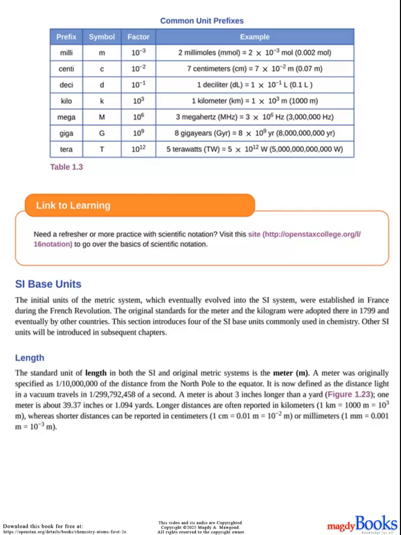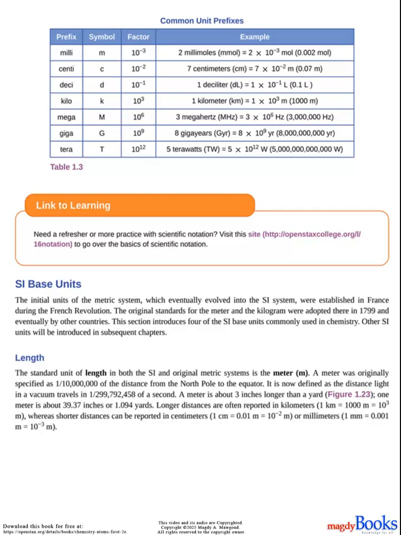9. Mega, M, 10 to the power of 6. 3 megahertz, MHz, equals 3 multiplied by 10 to the power of 6 hertz. 10. Giga, G, 10 to the power of 9. 8 gigayears, Gyr, equals 8 multiplied by 10 to the power of 9 years. 11.